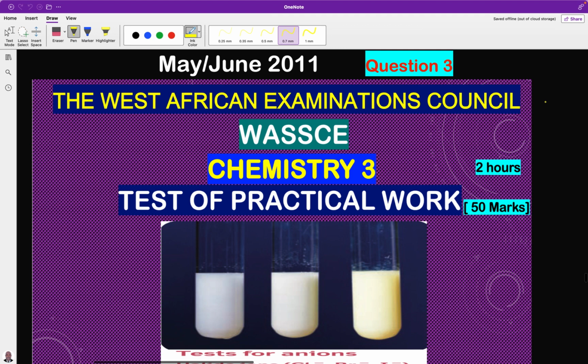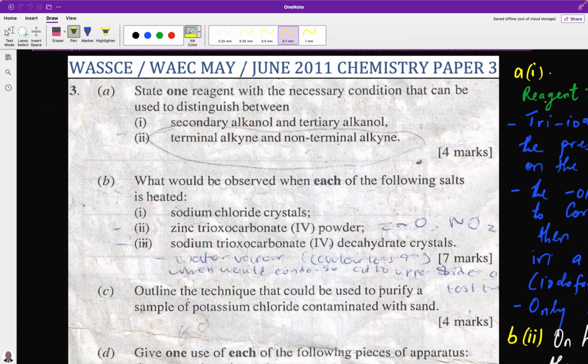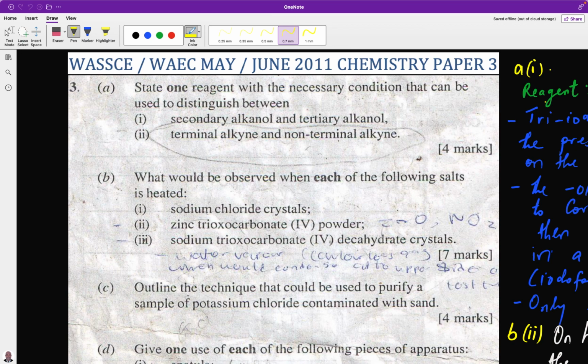We will be starting with question 3, application of concepts. Question 3 of May-June 2011. A. State one reagent with the necessary condition that can be used to distinguish between secondary alkanol and tertiary alkanol.